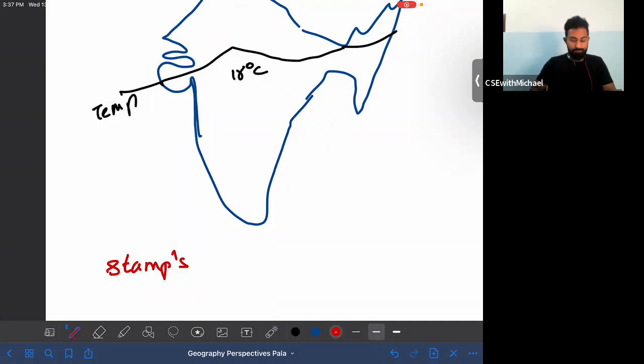The 18 degree isotherm runs roughly across the root of the peninsula, more or less along the Tropic of Cancer.